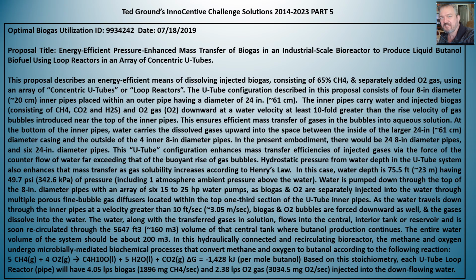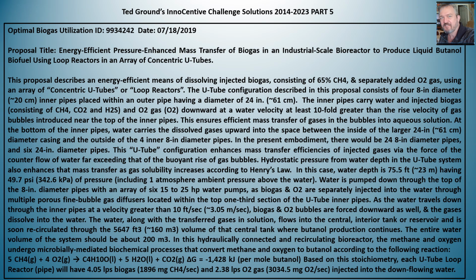But when you combine the biogas in this reactor that is in the proposal with added oxygen, and you add the right microbes, then you can theoretically produce butanol, which burns really well, just like gasoline.